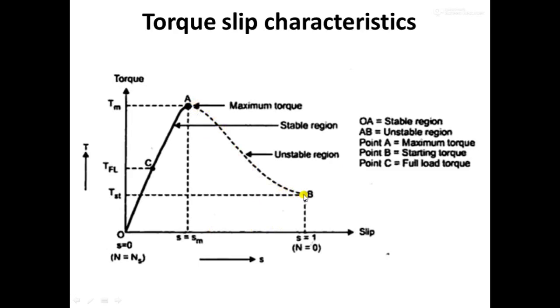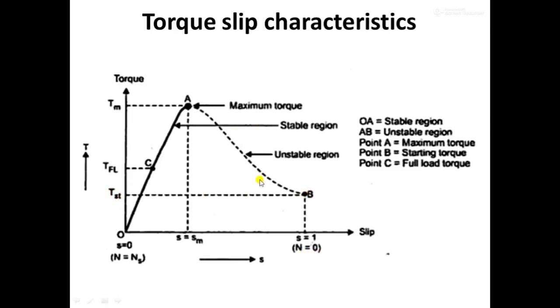So this particular point corresponds to the slip of maximum value 1. That is, the slip has a maximum value of 1 under standstill condition or at starting position. So at this particular point the value of speed is 0, and the torque corresponding to this is said to be the starting torque.